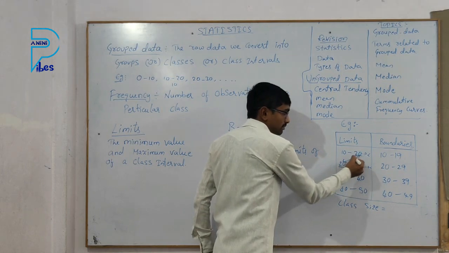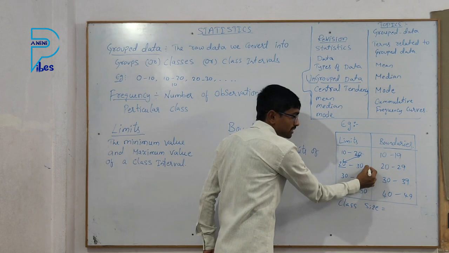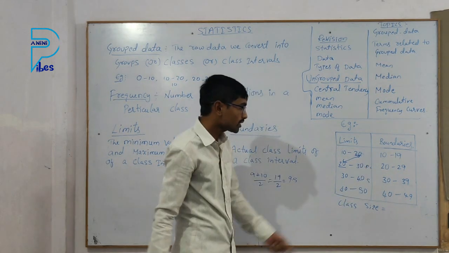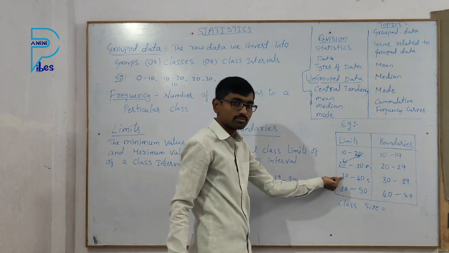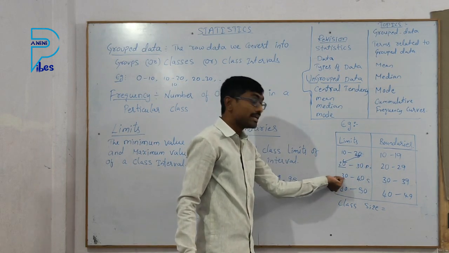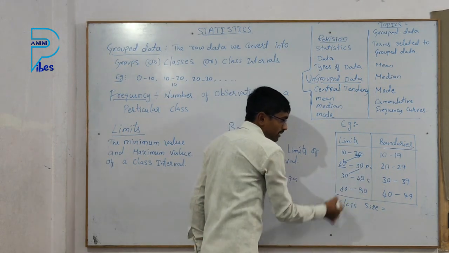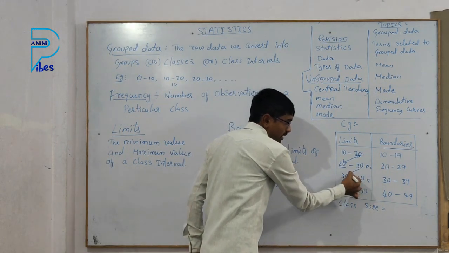These both are same. Again, if I take these two class intervals, this will be preceding and this will be succeeding, again 30 and 30. So the maximum value of the preceding class interval equals the minimum value of the succeeding class interval.